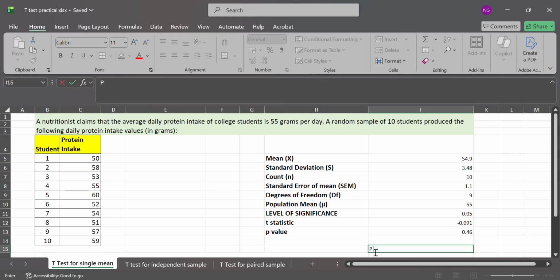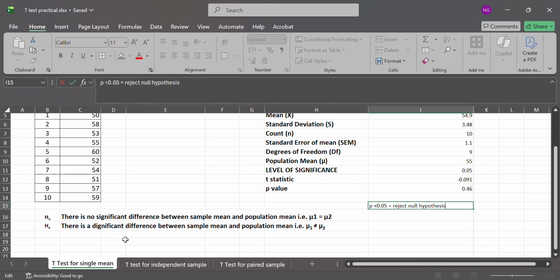As you know, when the p value is smaller than 0.05, which was my significance level, I am going to reject my null hypothesis and accept my alternate hypothesis, which says there is a significant difference between sample mean and population mean.